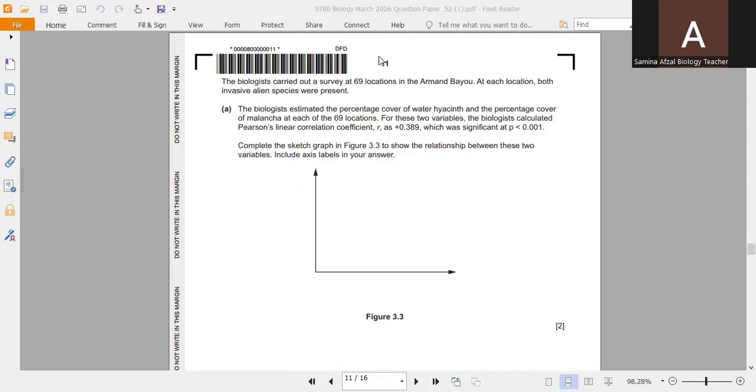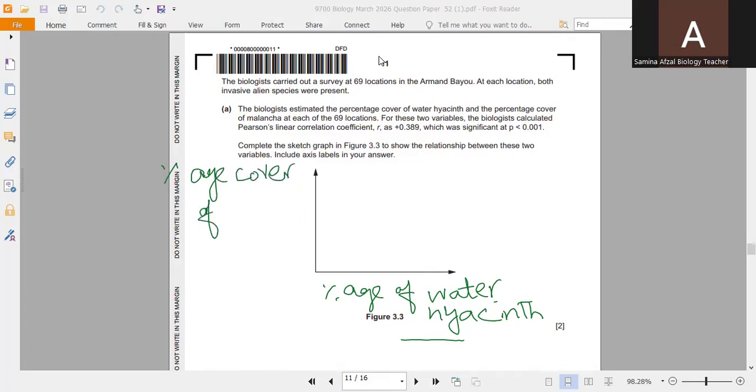As we have to show this linear correlation, on the x-axis we will label the percentage cover of water hyacinth, and on the y-axis we will write the percentage cover of Melanca.